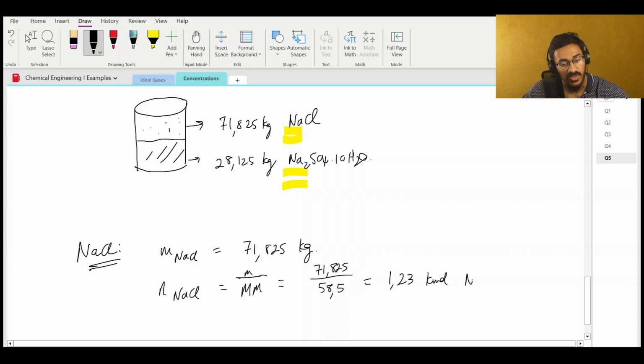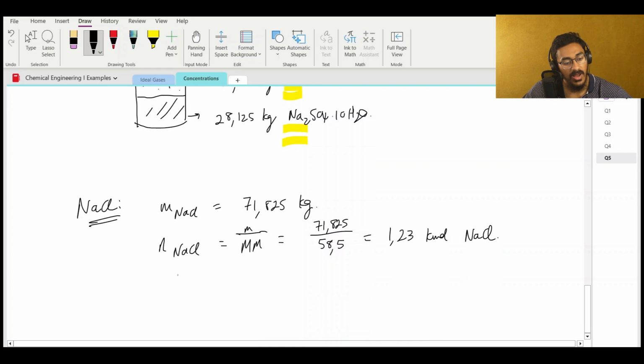kilomoles of NaCl. But I know that for every 1 mole of NaCl, I need to have 1 mole of sodium ions.